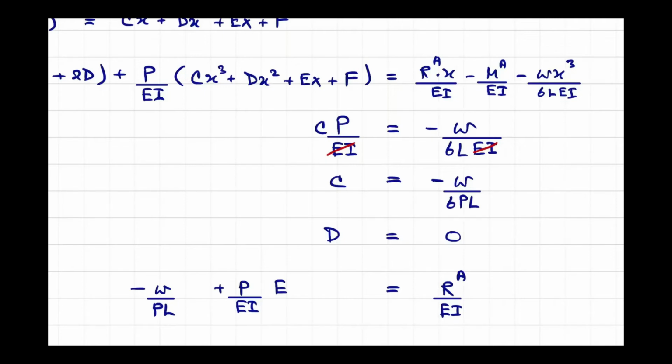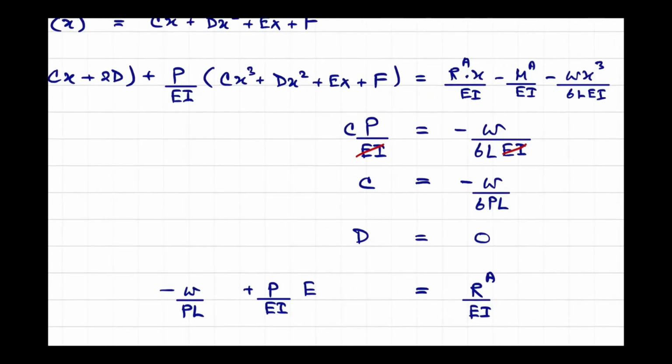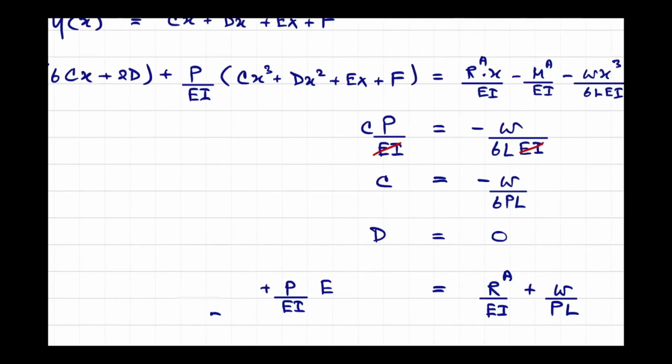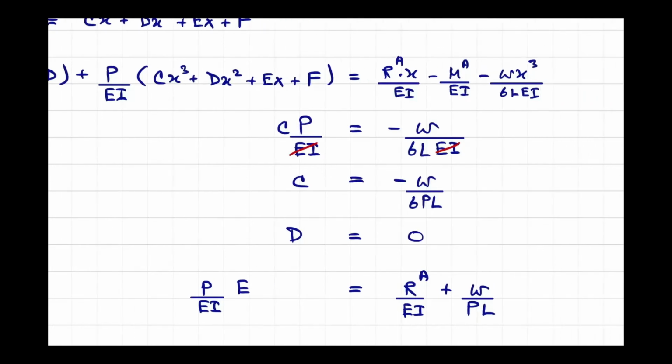Push it to the right hand side to figure out, plus W over PL. And then the EI will be gone.